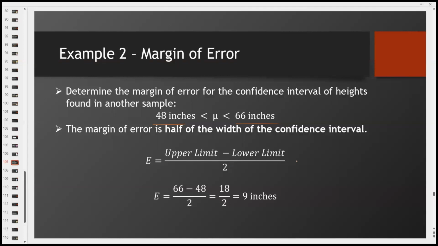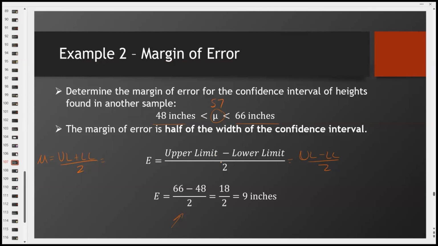So here you see you can find the margin of error by taking the upper limit minus the lower limit divided by 2, and that's what you see here. But you can also find this point estimate by taking the upper limit and the lower limit and adding them and dividing by 2. So 48 plus 66 divided by 2 is 57. So this would be 57 in the middle here.